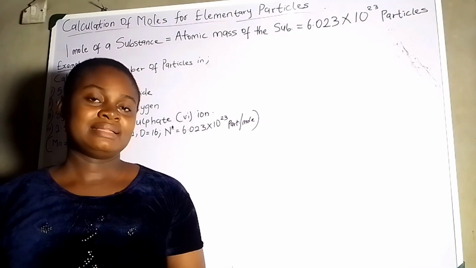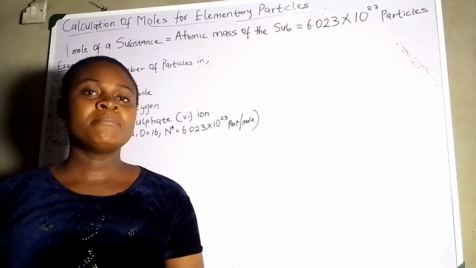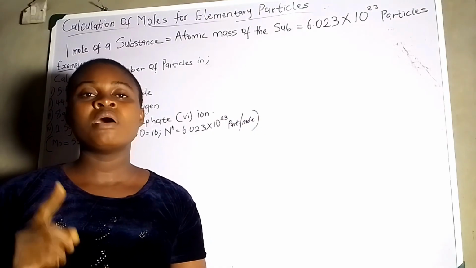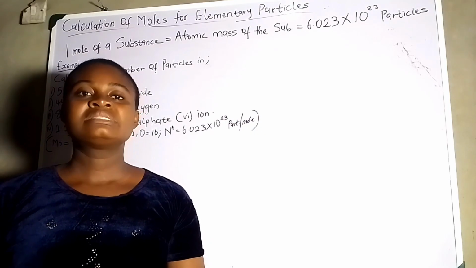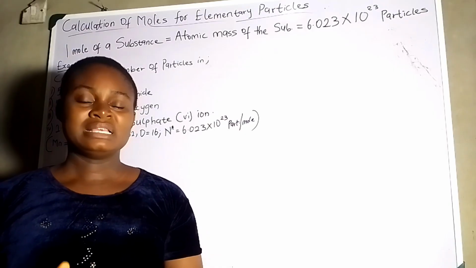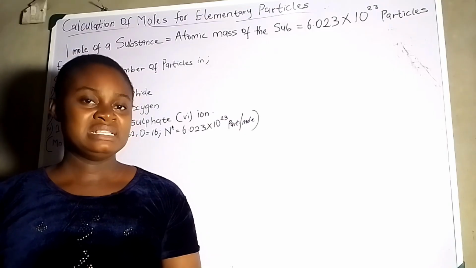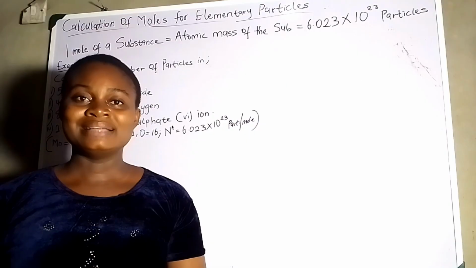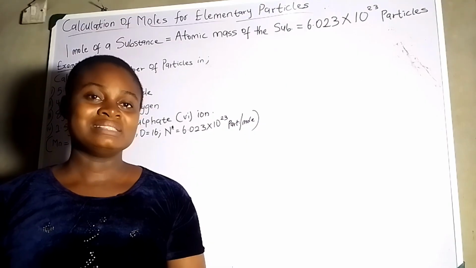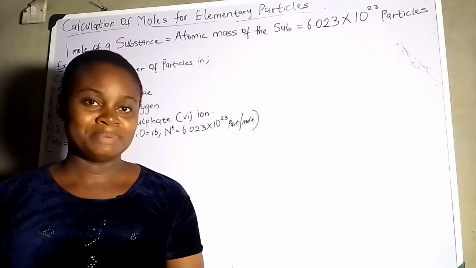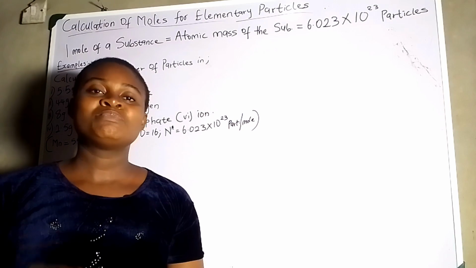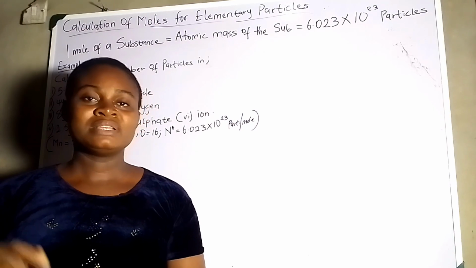If it is an element, it means that the number of atoms present in 1 mole of such element is 6.023 exponent 23. If it is a compound, it means that the number of molecules present in 1 mole of such compound is also 6.023 exponent 23.